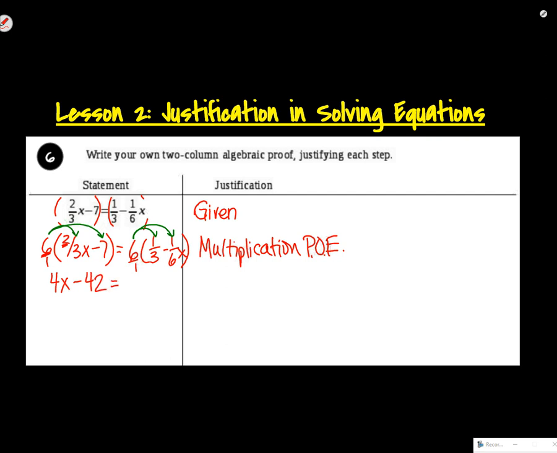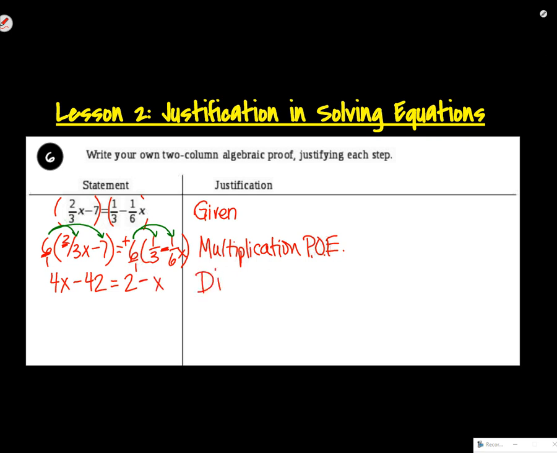All right, 6 times negative 7 is negative 42. No fraction there, but we didn't have one. All right, 6 times 1, we're on the other side of the equal sign. 6 times 1 is 6 over 3. 6 divided by 3 is 2. No fraction there. Feeling good about this. And then the last piece, 6 times 1 is 6, and that's negative 6, divided by 6. 6 divided by 6 is 1, but I've got that negative there because it's a positive 6 multiplied times a negative 1/6, so it's going to be a minus x.